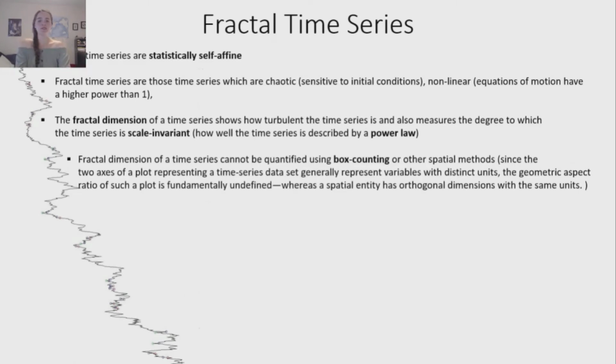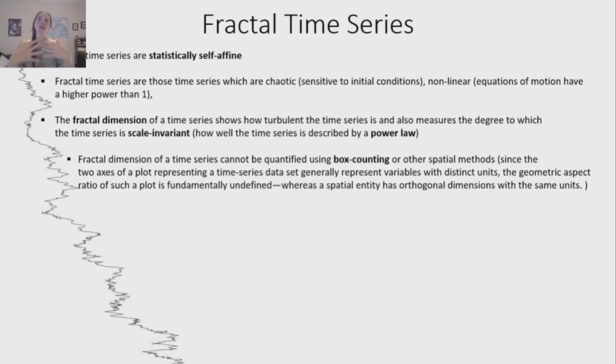Fractal dimension of a time series cannot be quantified using box counting or other spatial methods. Since the two axes of a plot representing a time series dataset generally represent variables with distinct units, the geometric aspect ratio of such a plot is fundamentally undefined, whereas a spatial entity has orthogonal dimensions with the same units. So this is what I explained in the last slide, where I showed that the horizontal axis scaled differently from the vertical axis when you zoomed in.